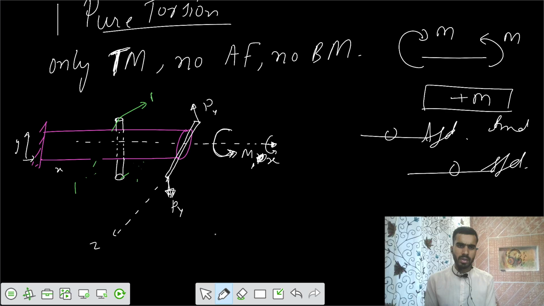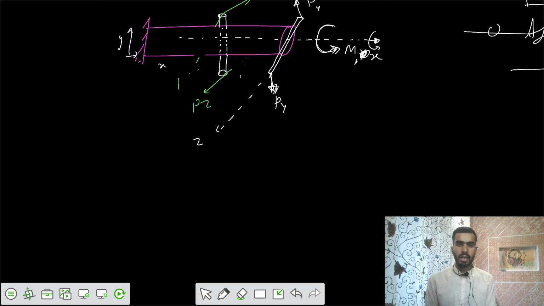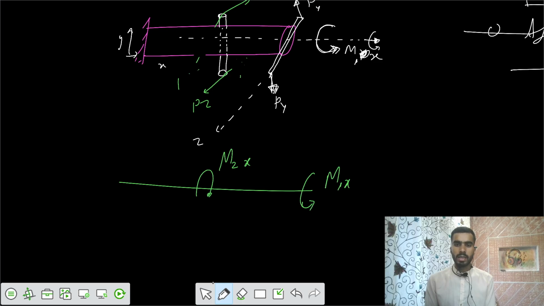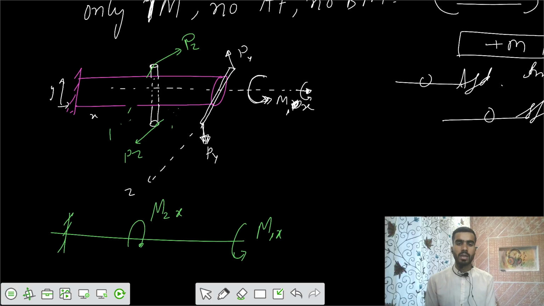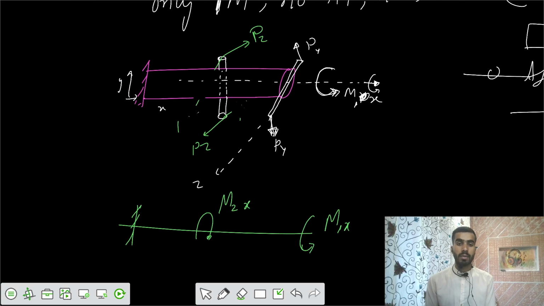Because of this load in the Z direction, a moment is developed, M2, also about the X direction. Similarly, you applied moment 1 anti-clockwise in the X direction. So these are your final moments on the section, on the shaft.